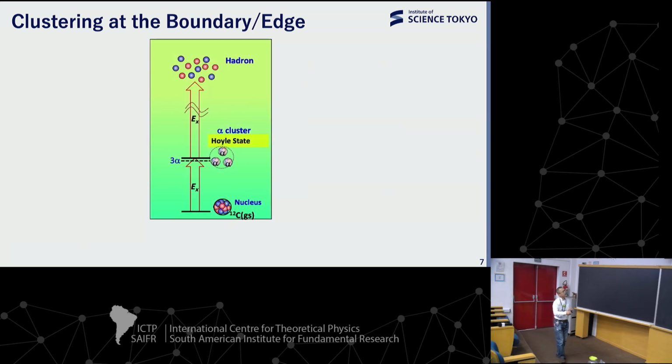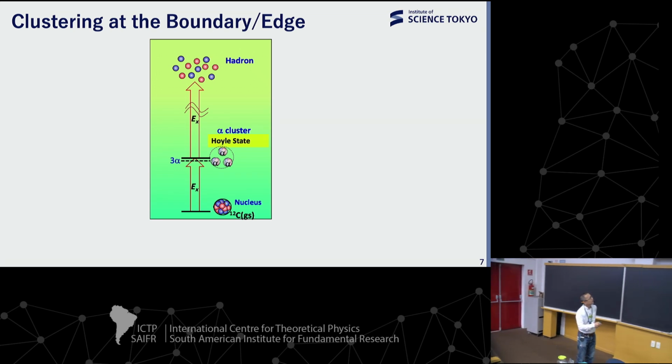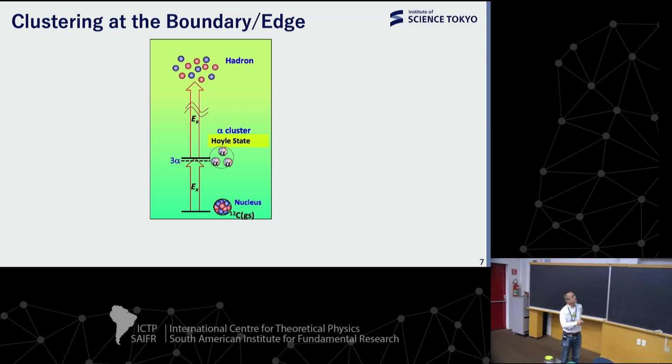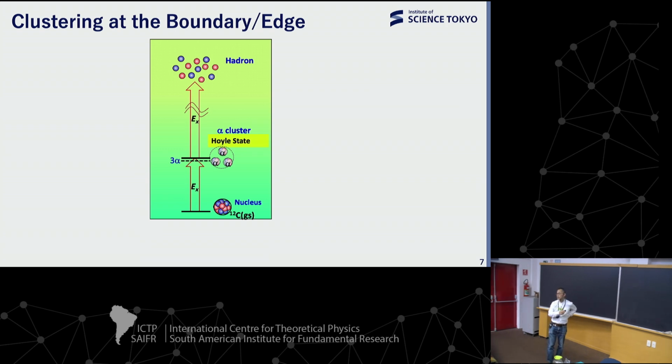Okay, now just take a look at the carbon-12 nucleus. The ground state is the carbon-12 nucleus, but if you excite this fully, this becomes just a hadron gas made of 6 protons and 6 neutrons. But if you tune the excitation energy very close to the 3-alpha decay threshold, we see the Hoyle state.